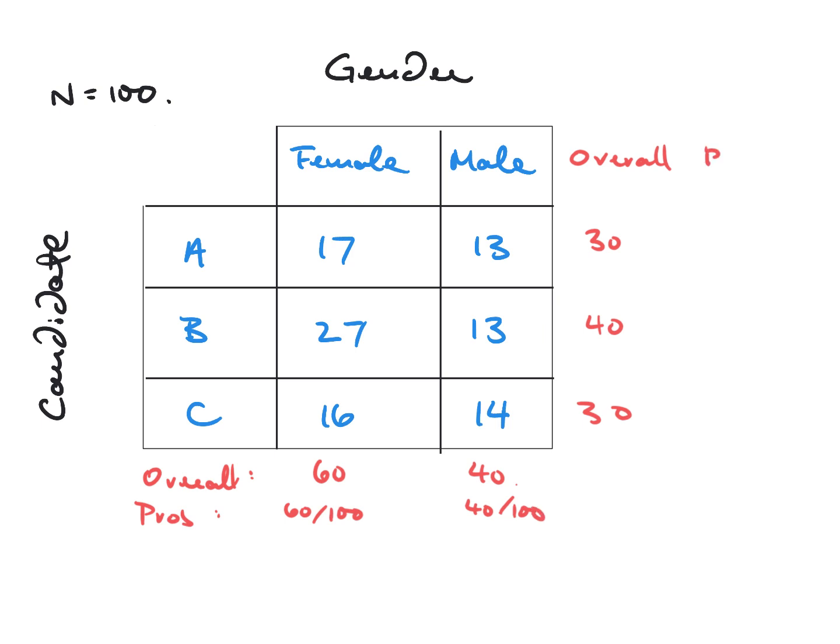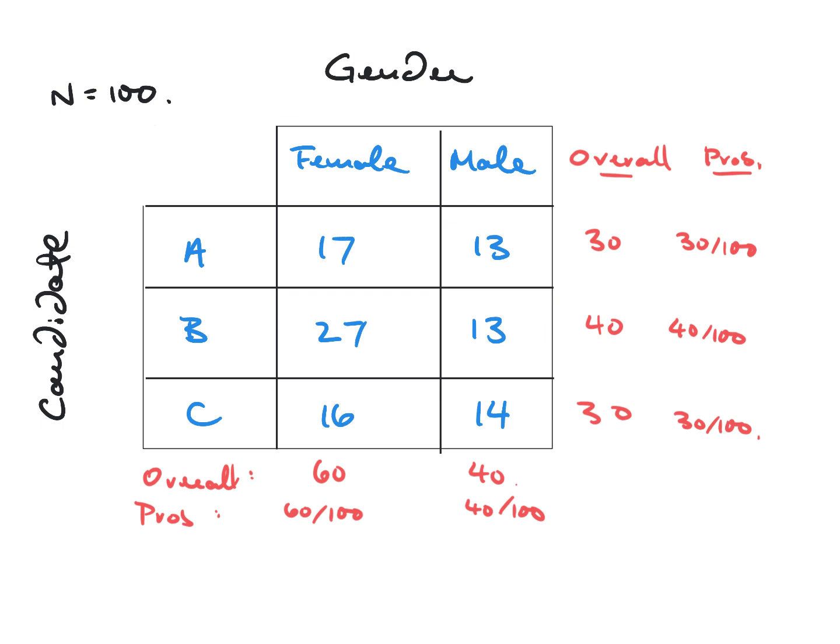The probability that a randomly selected person likes candidate A is 30 out of 100. The probability that a person likes candidate B, 40 out of 100. And the probability a person likes C is 30 out of 100. And now we can calculate how many we expect to be in each group.